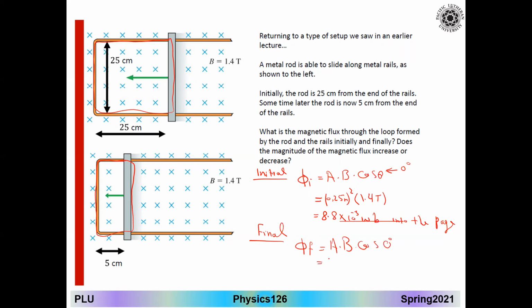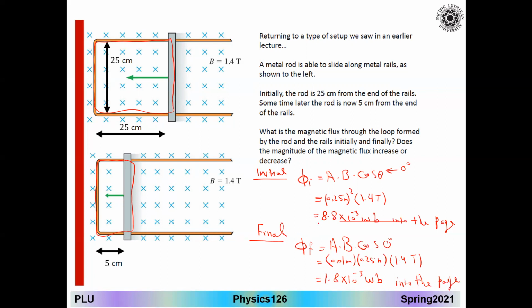So I have A, in this case, 5 centimeters times 25, so here it is 0.01 meters times 0.25 meters times 1.4 Tesla. In this one, you end up with 1.8 times 10 to the minus 3 Weber. And the same thing, into the page, the same direction.